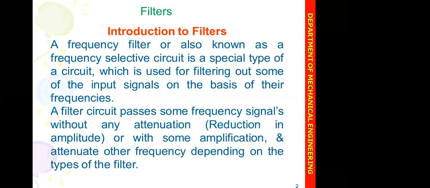Similarly here, the filter allows a certain band of frequencies from a signal to pass, and the others are eliminated. These eliminated ones are unwanted signals, that is, unwanted frequencies from a signal are removed.